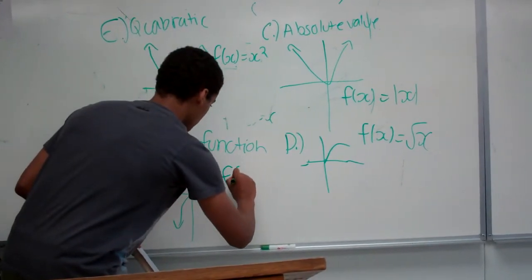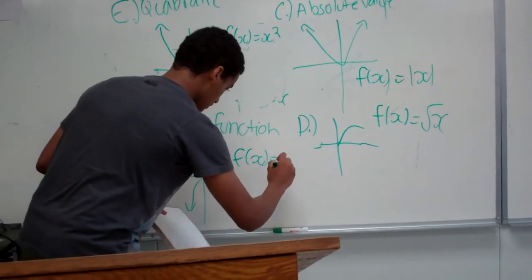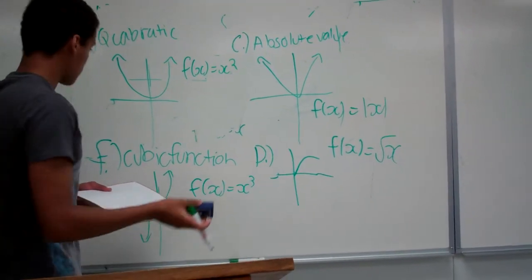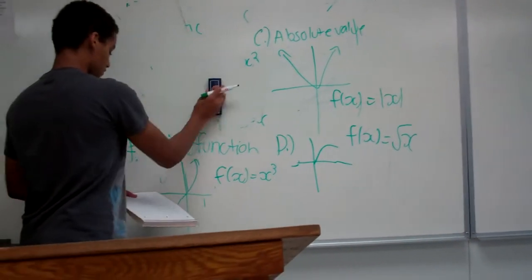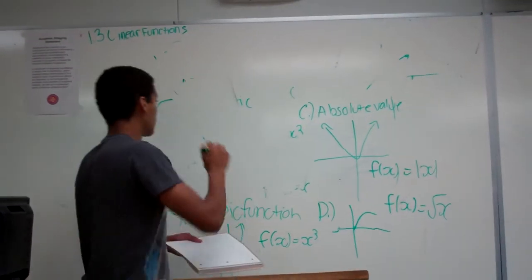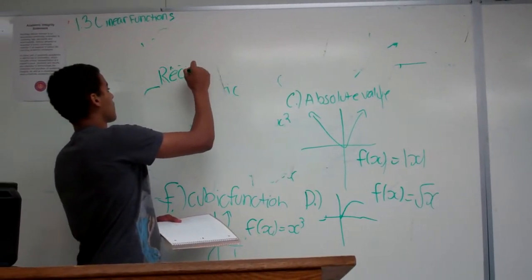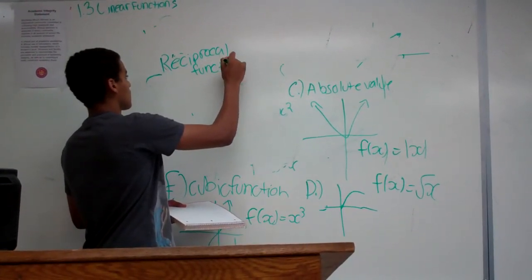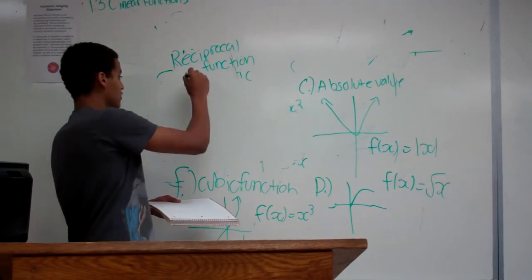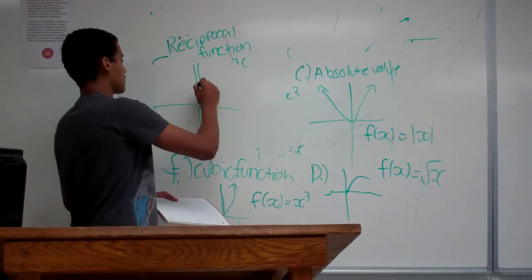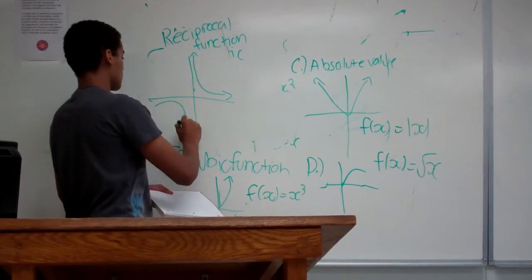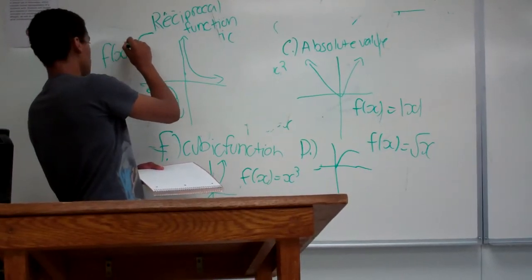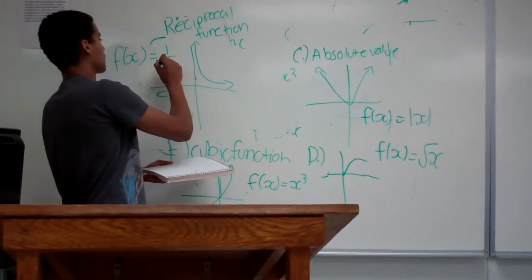And this is f of x equals x cubed. And the last one of these parent functions is the reciprocal function. And this one is something like this. This equation is f of x equals 1 over x.